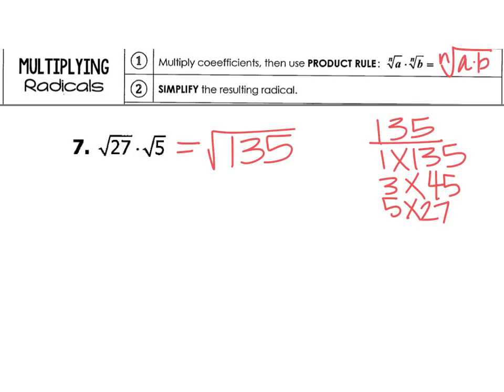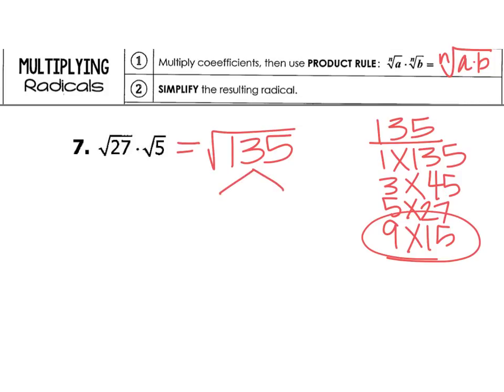Nope. 7. Let's see. Nope. 8. Nope. 135 divided by 9. 9 over 15. Or 9 times 15. 9 is a perfect square, so there's our winning factors.